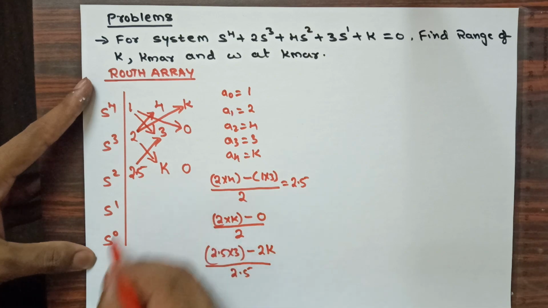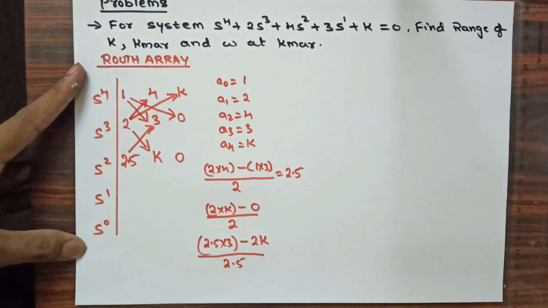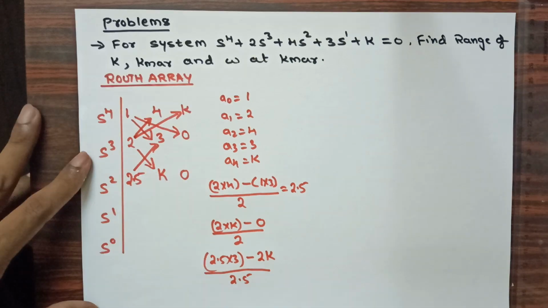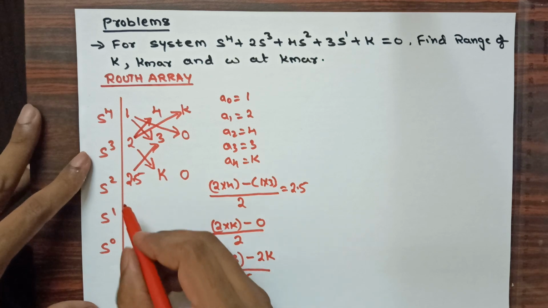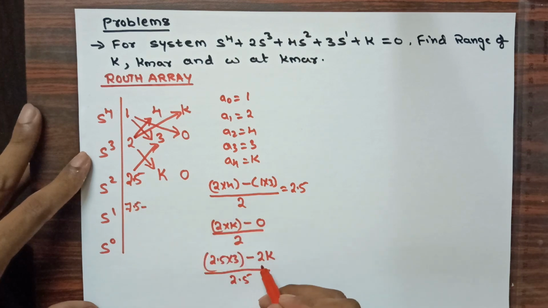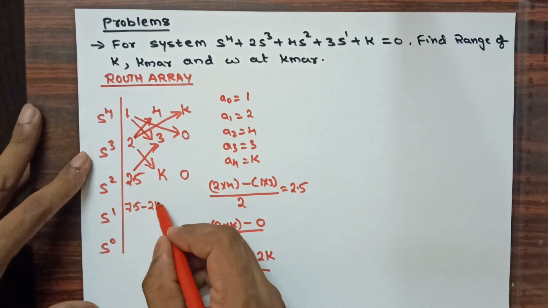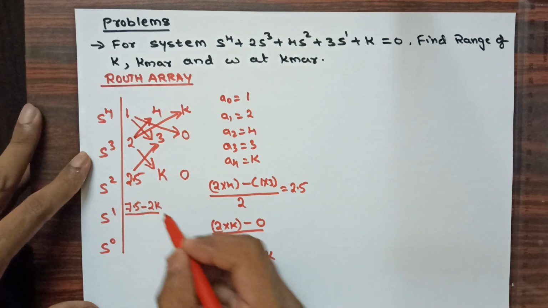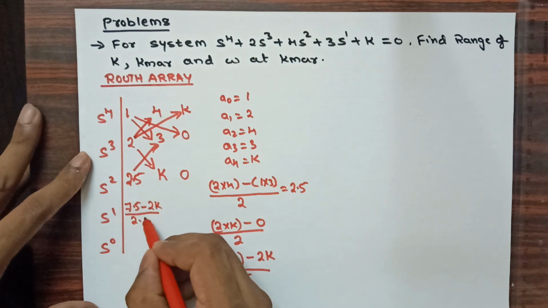That is, 2.5 into 3 is 7.5, so I get 7.5 minus 2k, whole divided by 2.5.